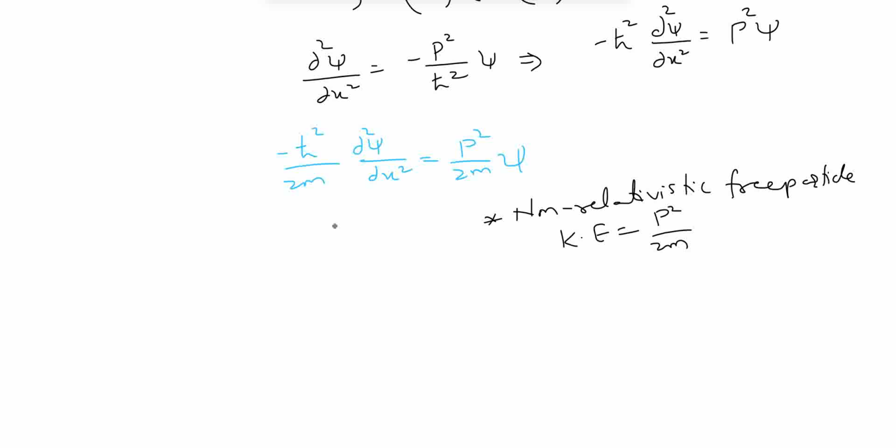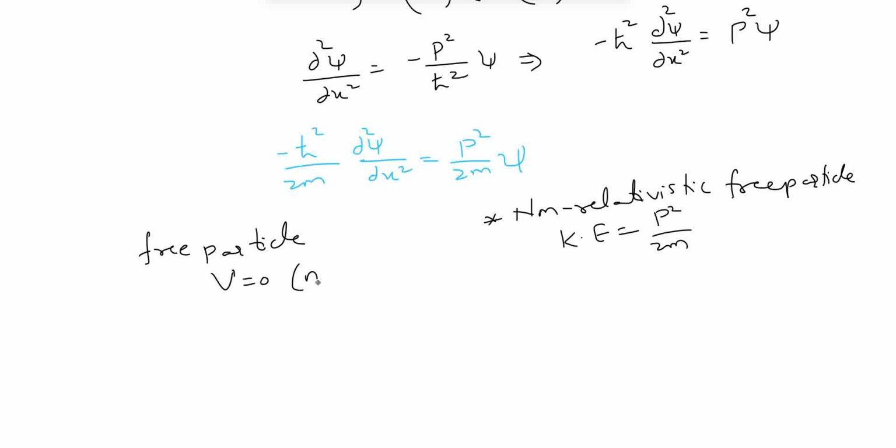So, what is a free particle? A free particle is one which is not subjected to external force or external momentum. So basically, its potential would be zero.